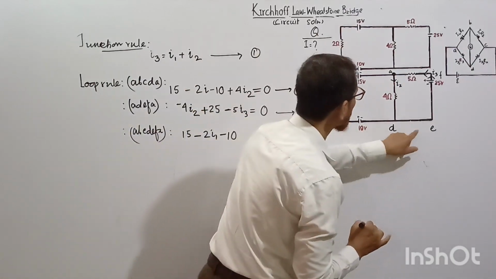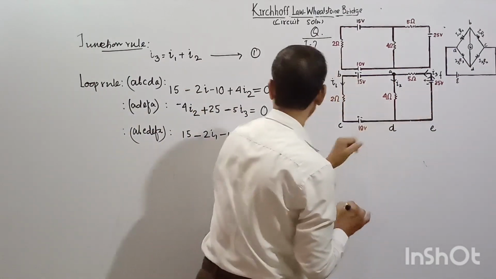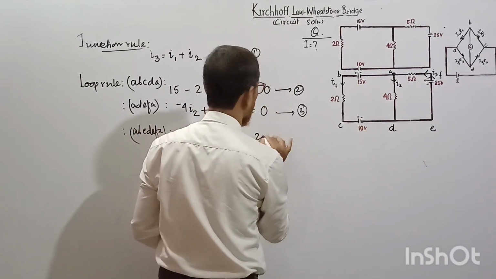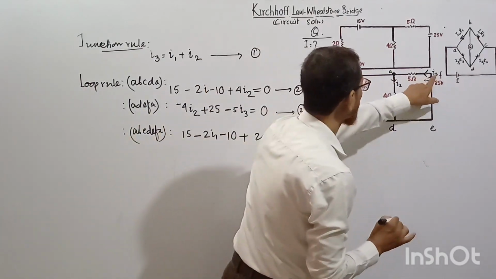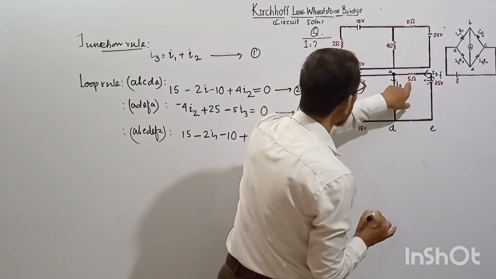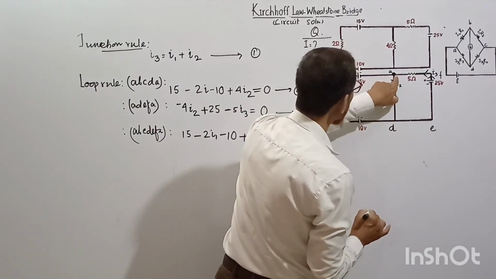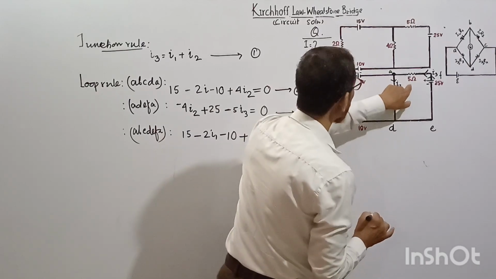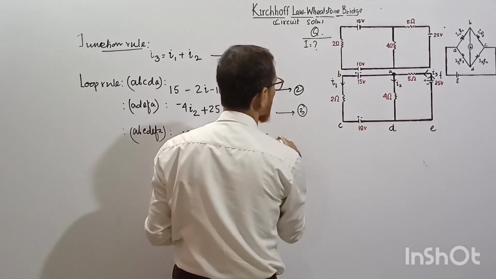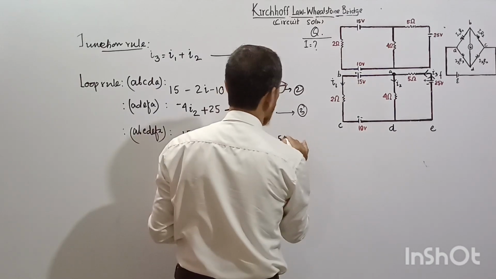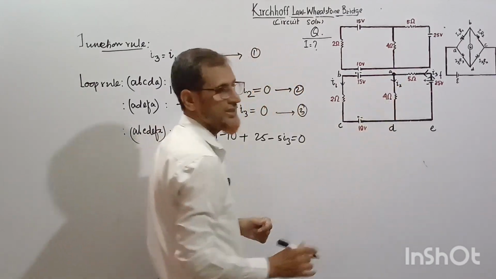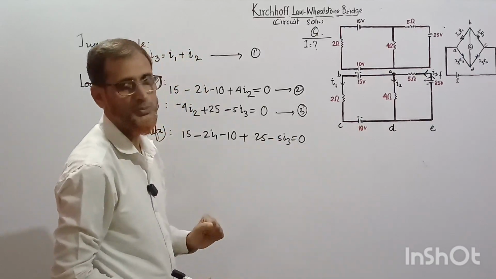It is coming in this direction, again entering here, minus to plus, then B is this. Again this I is along the direction of the 5 ohm resistor, so it is a voltage drop, equal to 5 into I3. Then when it comes to the point where it started, the answer is 0 according to the loop law.